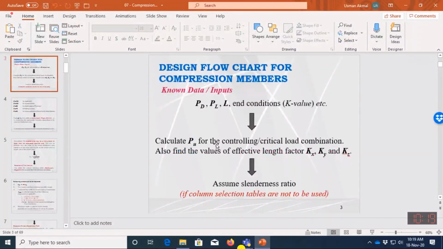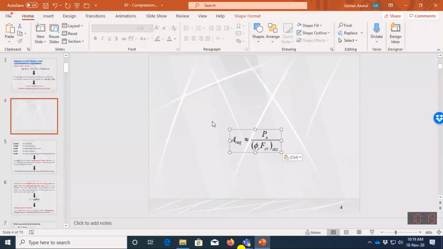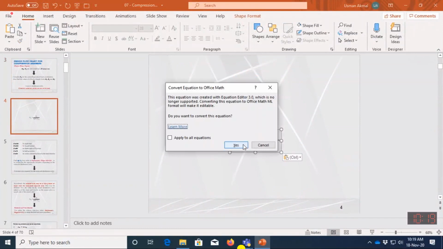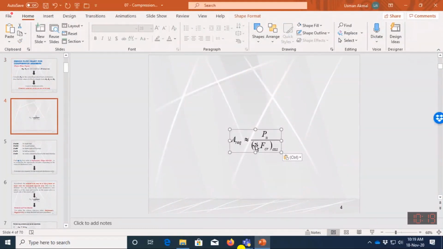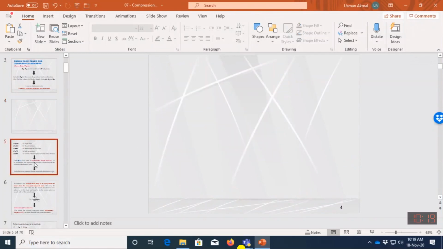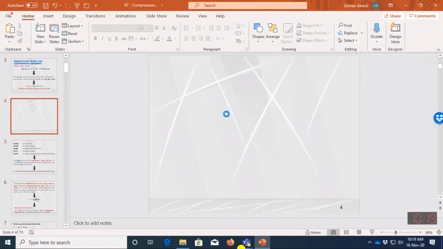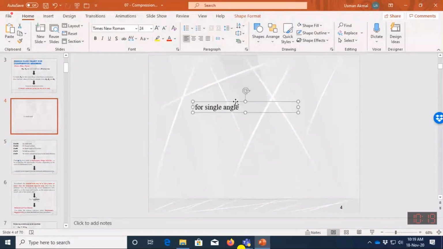So let me add one slide. Okay, the math is not available here, MathCAD. No problem, I have to add maybe a text box. Simple is that we already know the design equation. The design equation is that the applied load effect should be less than or equal to phi Rn.